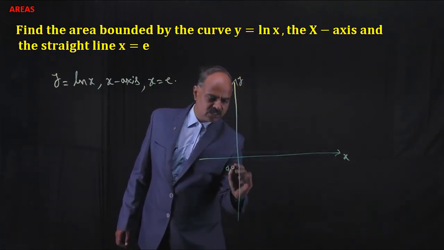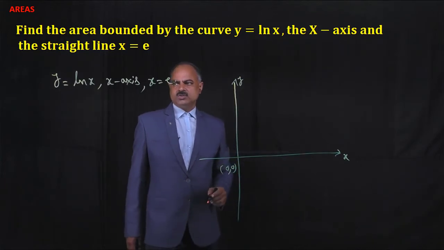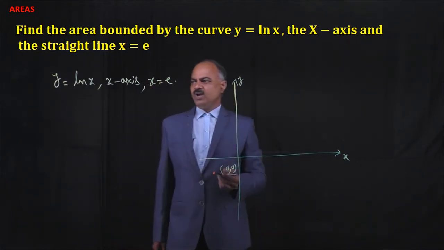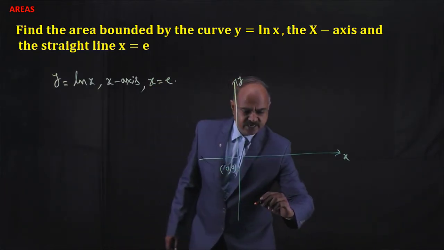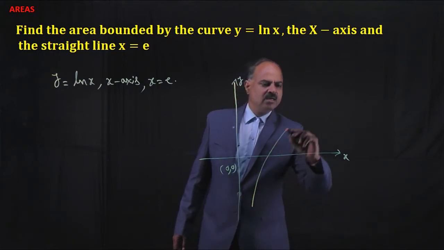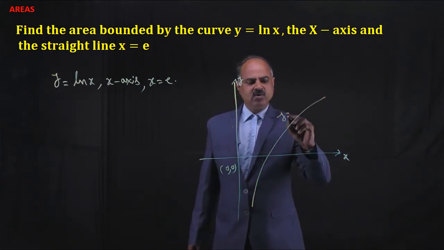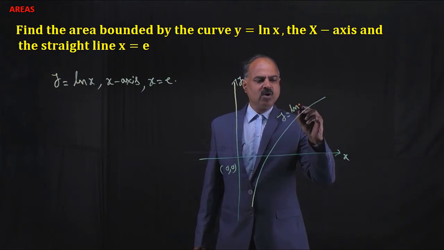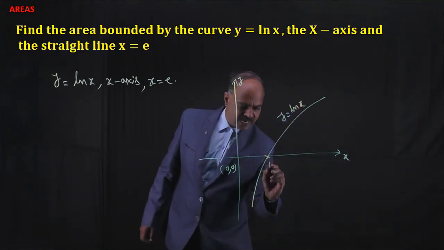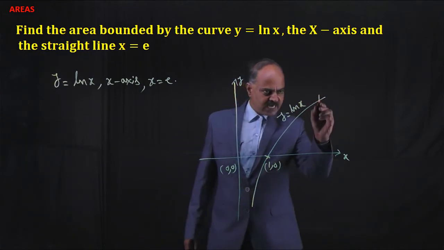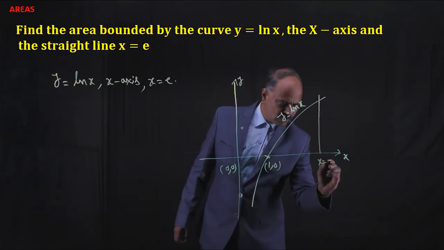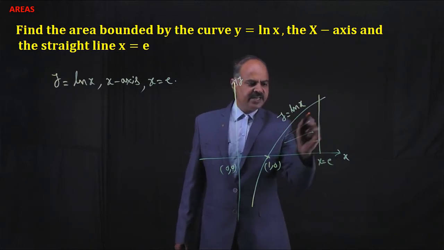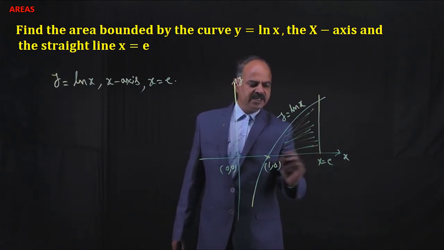Here log 1 is 0, so this is the graph of y equals ln x, passing through (1, 0), and this line is x equals e. This is the required area. Now I have to find this area.